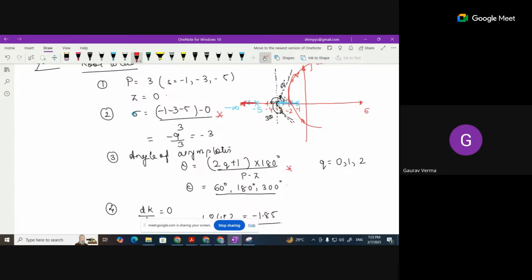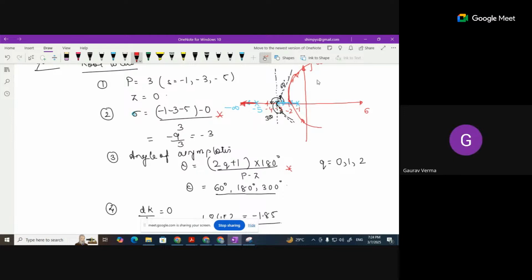The angle of departure shows at what angle from the breakaway point the root locus is leaving towards infinity. This breakaway point is leaving at what angle? That is your question, right?